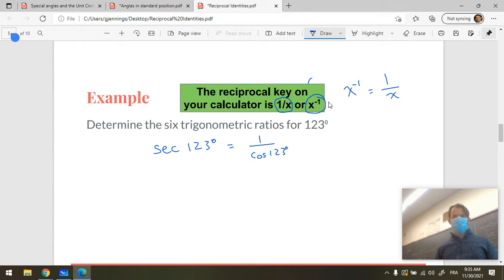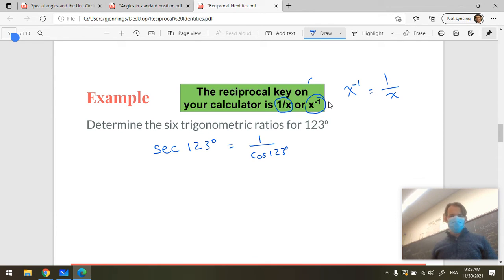And then if I don't know where this button is, or I forget where it is, I often have trouble finding buttons on calculators. All you need to do is say 1 divided by, and then push your answer button. And it pulls up your most recent answer on the calculator. You'll have 1 over the answer, and it will give you the secant. So that's another way that you can do this on your calculator.